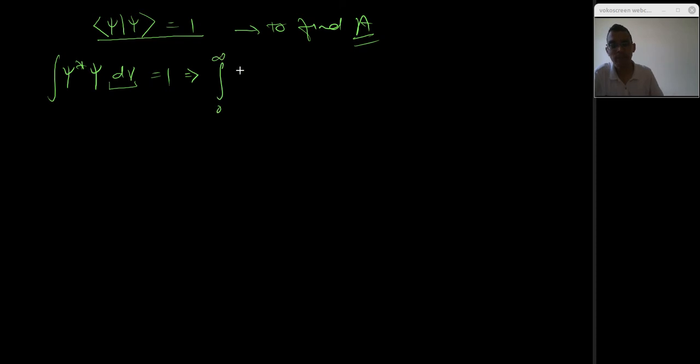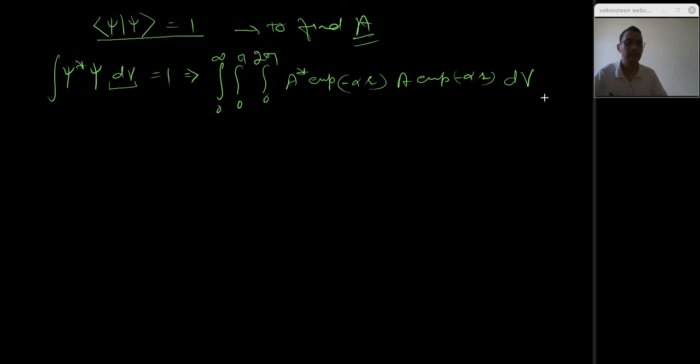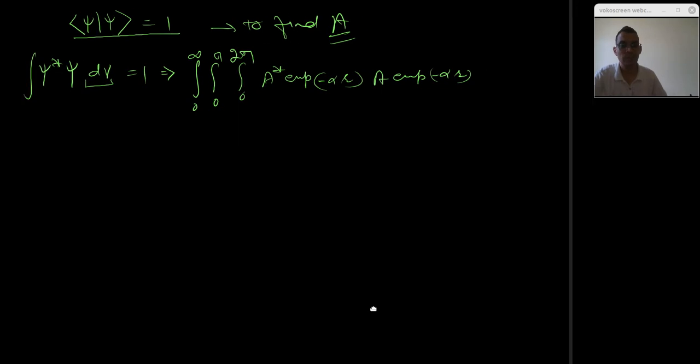So the limits are 0 to infinity, 0 to pi and 0 to 2 pi. It is A star exponential of minus alpha r and A exponential of minus alpha r, times dv.